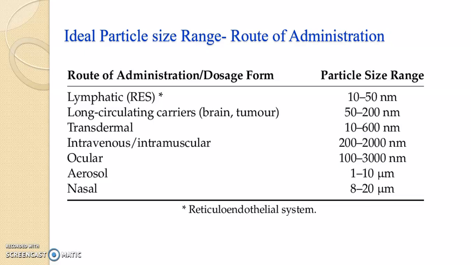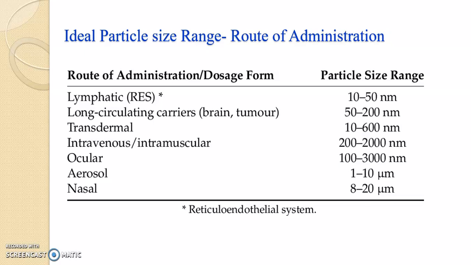For long circulating carriers targeted to the brain or tumor cells, the particle size required is 50 to 200 nanometer. For transdermal use, it is 10 to 600 nanometer. For intravenous and intramuscular routes of administration, it is 20 to 2000 nanometer. For ocular drug delivery, it is 100 to 3000 nanometer. For aerosols, it is 1 to 10 micrometer, and for nasal, it is 8 to 20 micrometer.